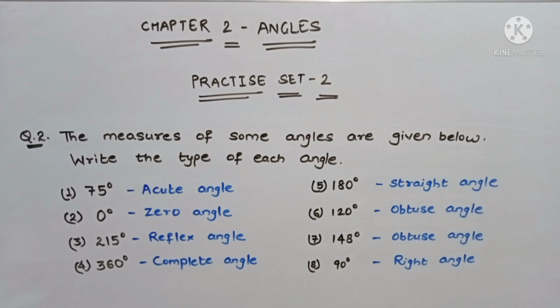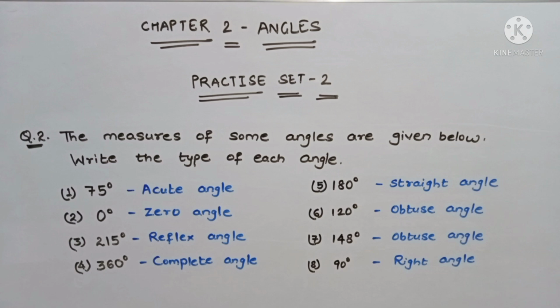The angle which is more than 180 degree but less than 360 degree is known as a reflex angle. Fourth one, 360 degree. 360 degree is a complete angle, a whole circle forming angle. Starting from 0 till 360 degree, it will form a whole circle. It is known as a complete angle.